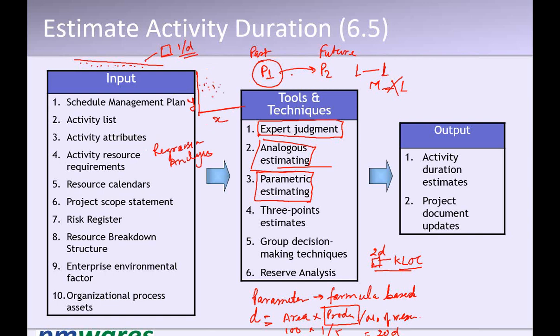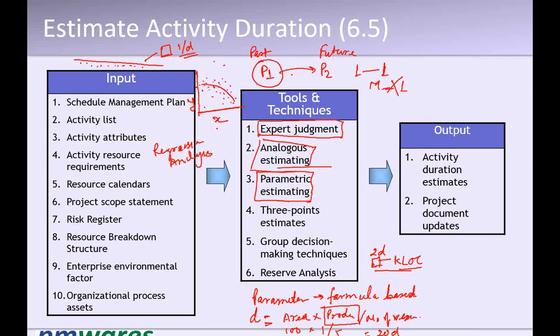So in one project, when the X value is this, the Y value was this, and I keep doing this. Some weird patterns also come, but I try to see what the pattern is. If you see, the pattern looks like this. That shows that as X increases, Y decreases. There is a relation between X and Y.